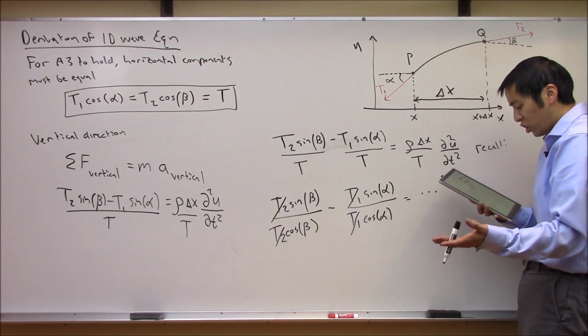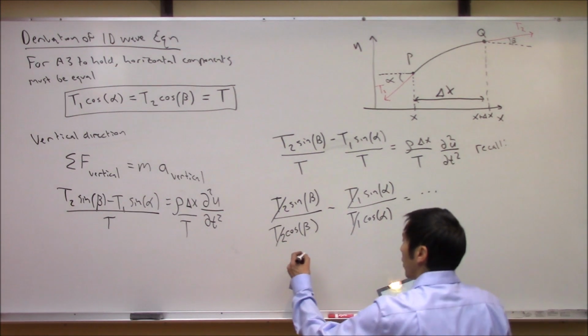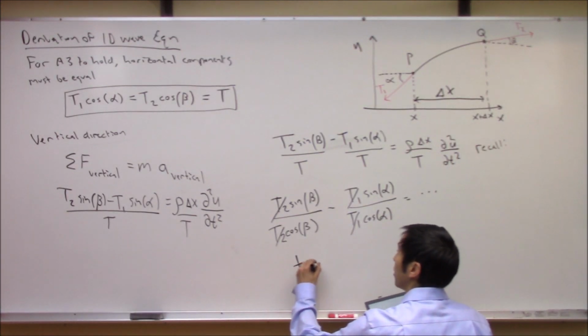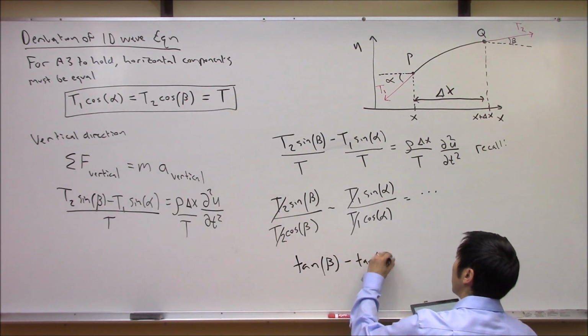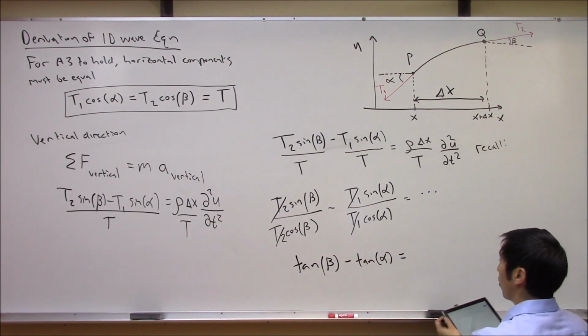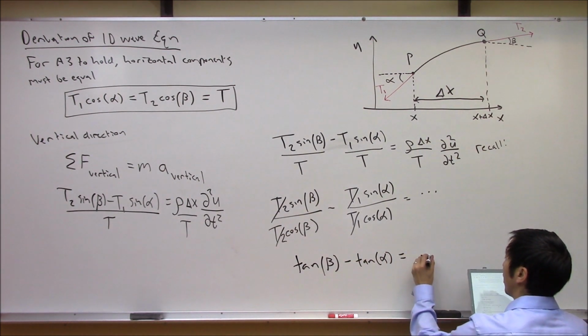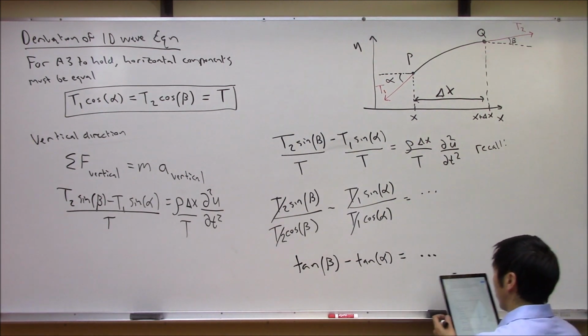Isn't that just tangent? So I can write this as tangent beta minus tangent alpha.